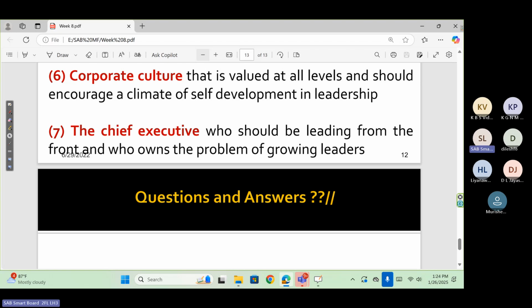Separate it like this: variables, challenges, future prospects. Three parts. Seven members here. Let's do it like this: introduction and conclusion, experience.